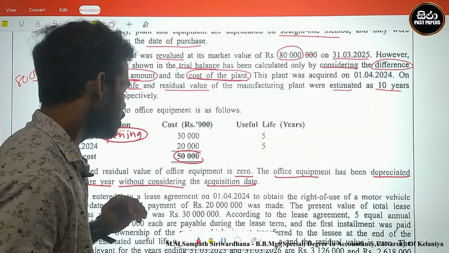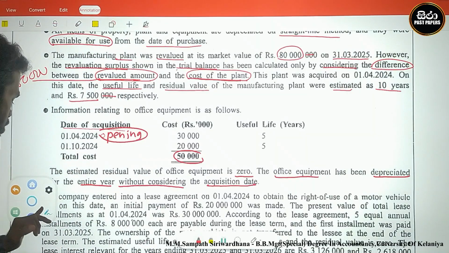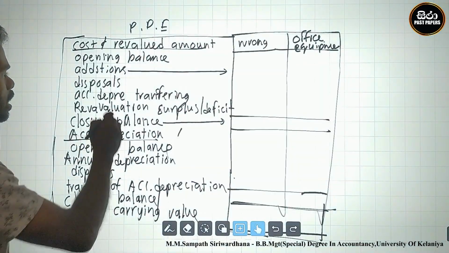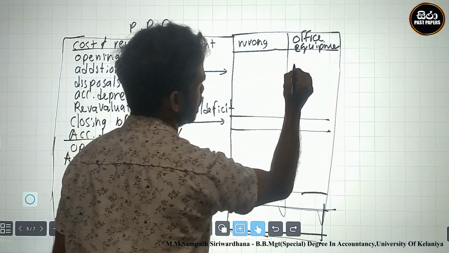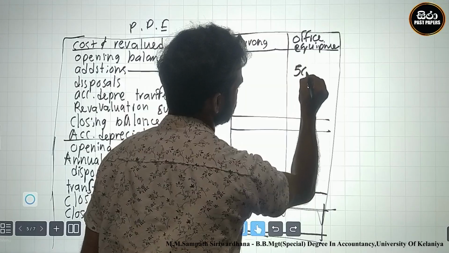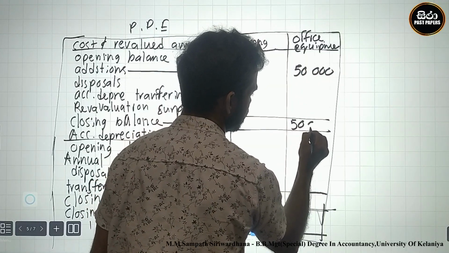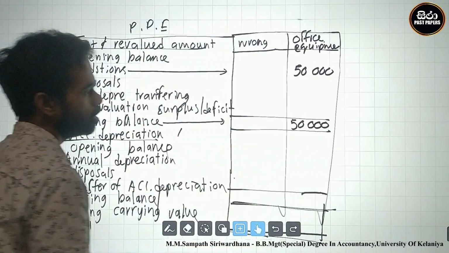Therefore all 50,000 can be identified as additions of equipment, and we can create a closing balance of 50,000.